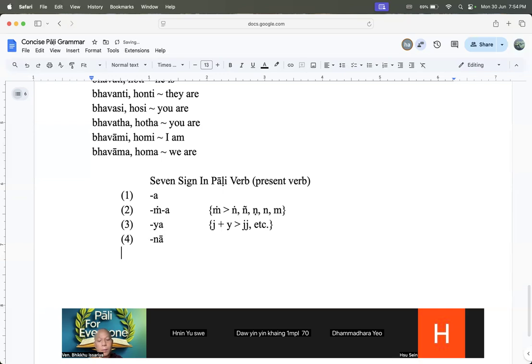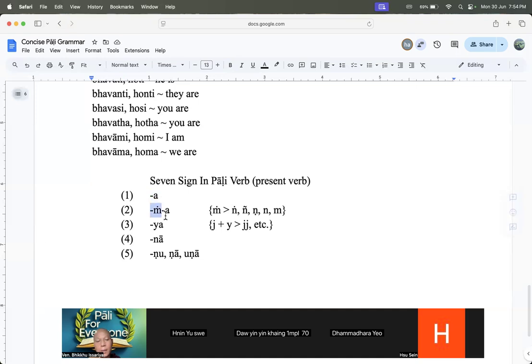And then the fifth group is also nu and na. For this group also it rarely changes, but later we will see that. Roots with the first sign are very common, many.